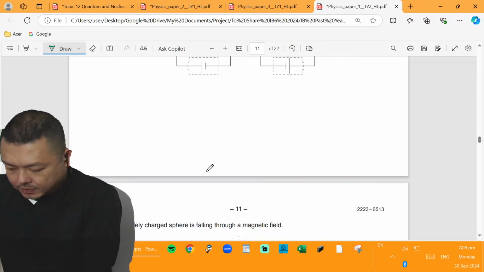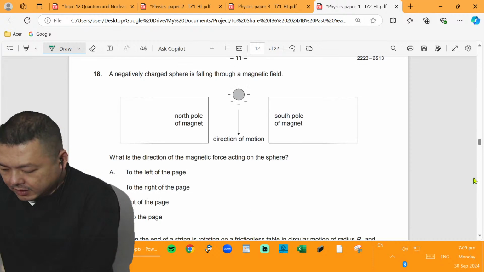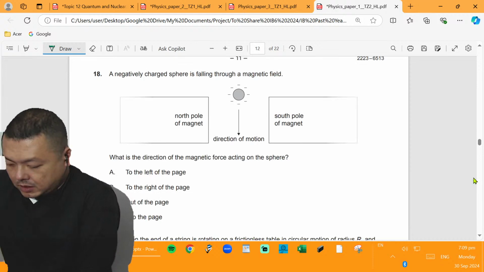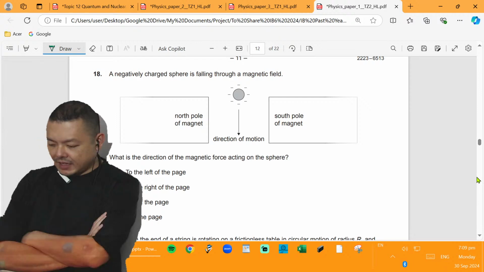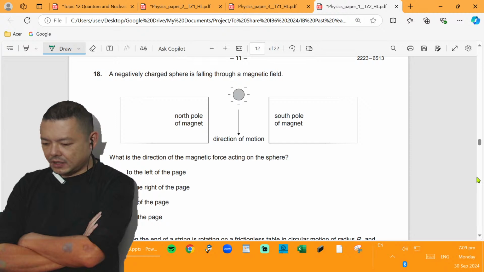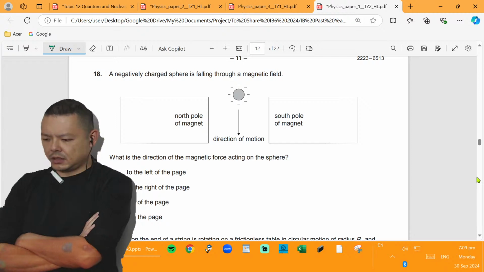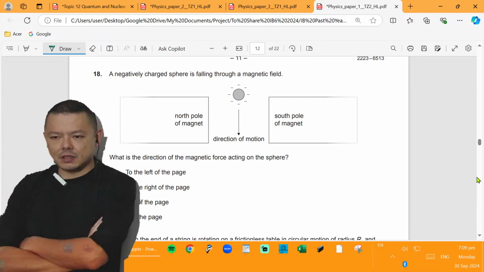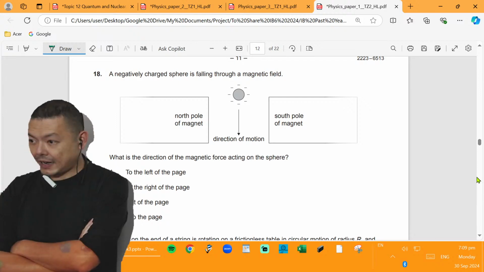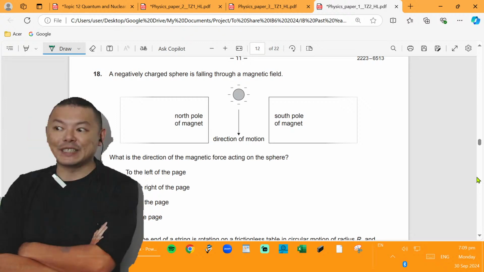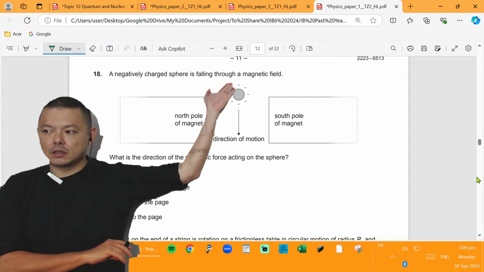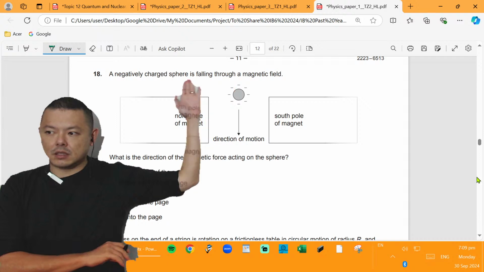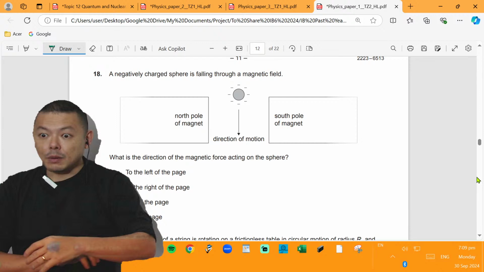18. What's the direction of magnetic force acting on the sphere? Wait, who's asking for 18? Dave. Okay, you tell me which topic is this? Topic 5, but which part of 5? You see this negative charge? What's the sides? You don't sabo people, not A levels.